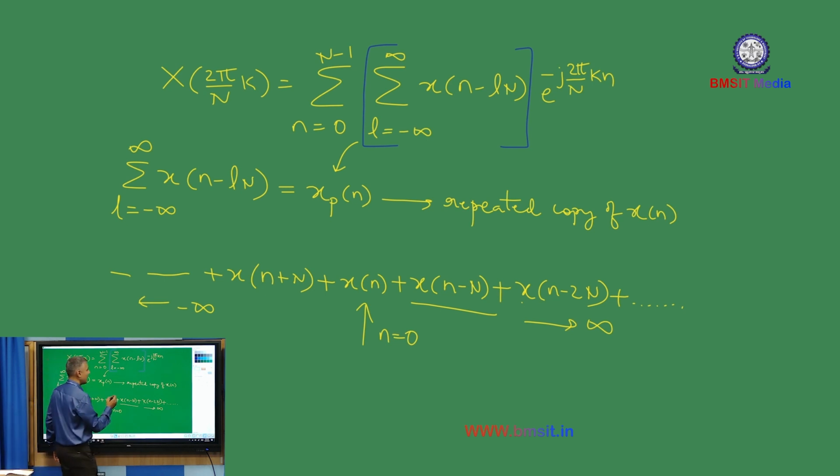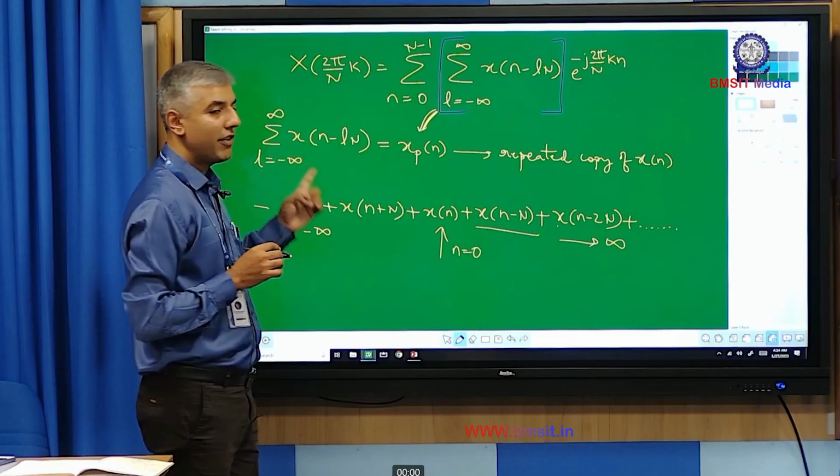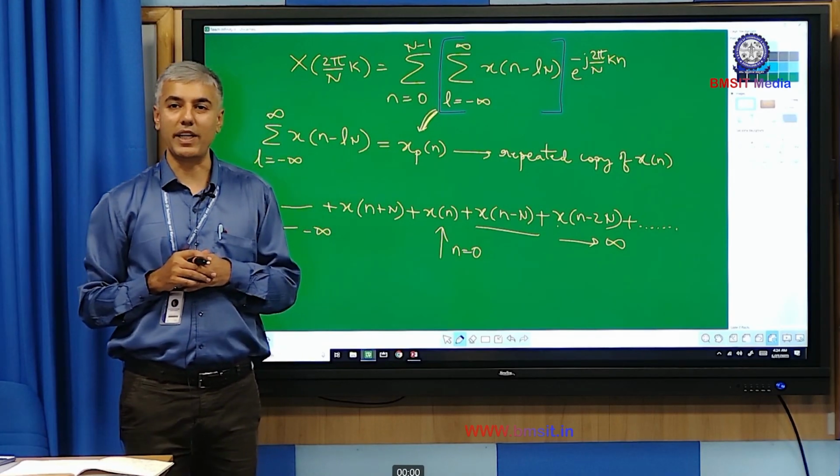That's the reason this highlighted expression is xp of n, which can be represented as the sum of x of n minus lN, l being from minus infinity to plus infinity.